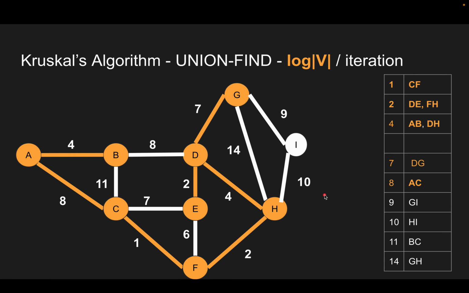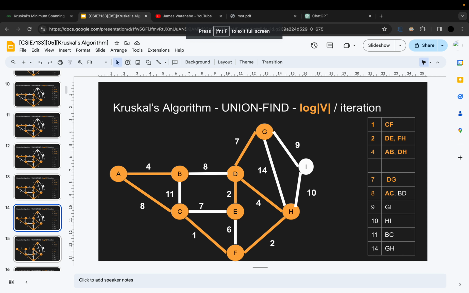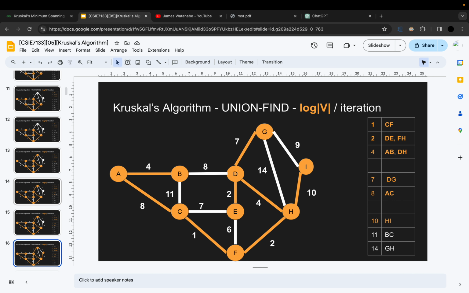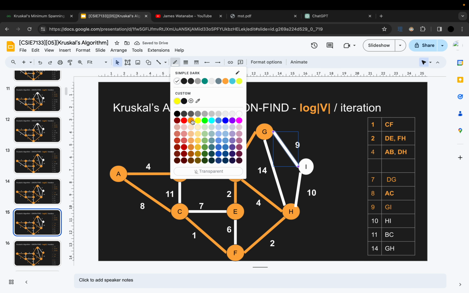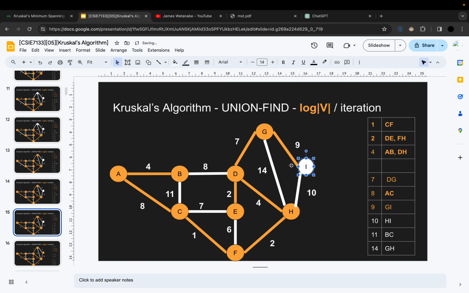Okay, this is not right. Let's say ACBD, and GI should be fine, right? If we include GI, that should be fine, right? Alright, that's fine.